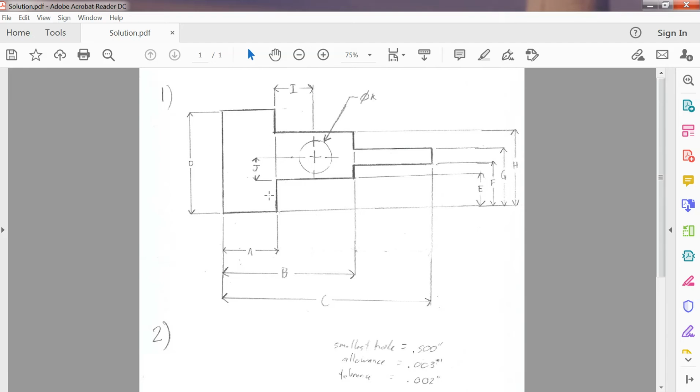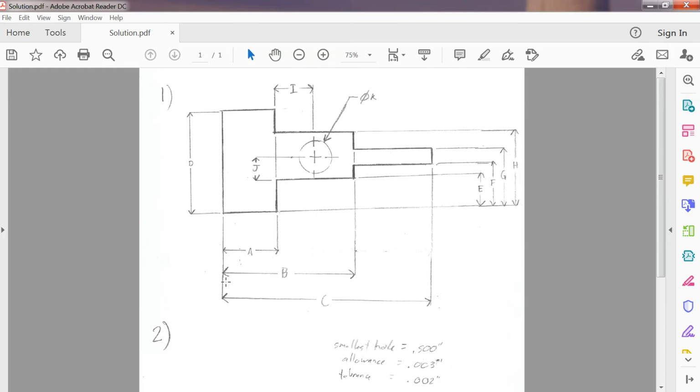Now for the vertical ones, we need 1, 2, 3, 4, and 5 basically. And as you see, again, we use a reference point, which is the horizontal edge at the bottom, and then we define E, F, G, H, and the total length, which is D. Instead of D, we could have put another one over here, which gives the position of this edge, but then D minus H would be the distance that we needed.